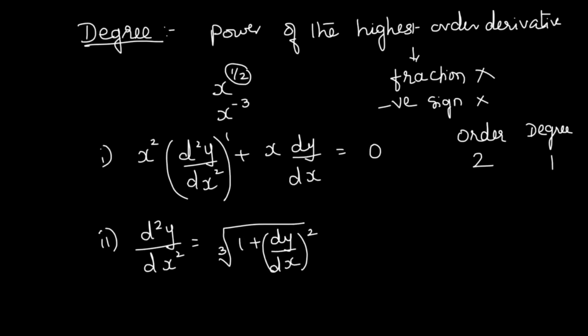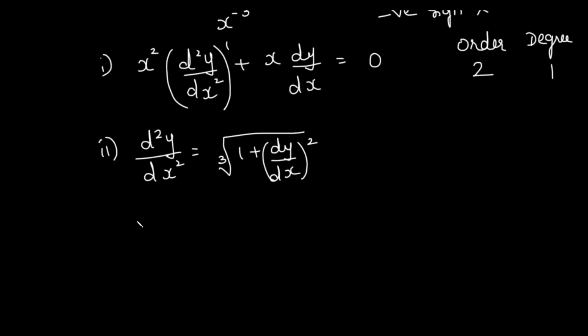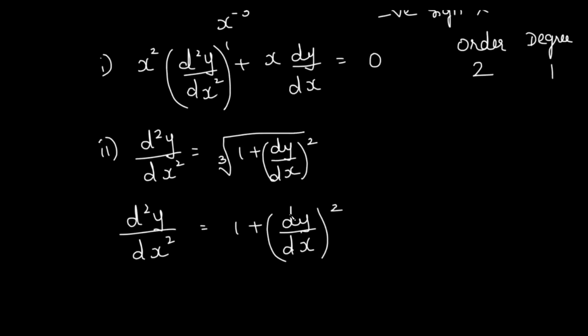If we simplify this further, this is actually d2y by dx2 is equal to 1 plus dy by dx the whole square, the whole raised to 1 upon 3, because cube root means raised to 1 upon 3. That means there is a fractional power of the derivative which is involved. Once we remove this fractional power, then we can define what is the degree of this equation.